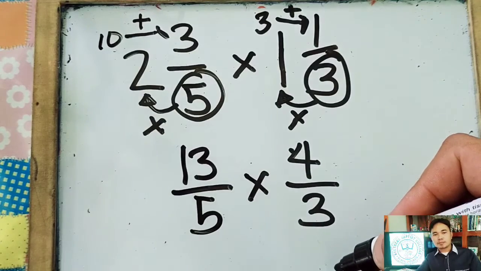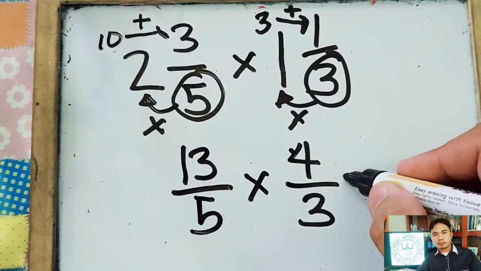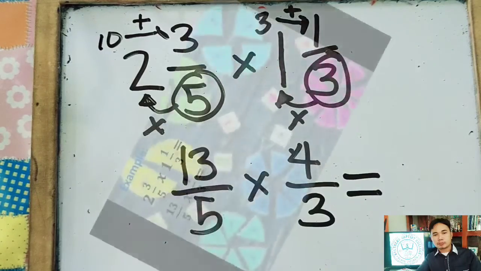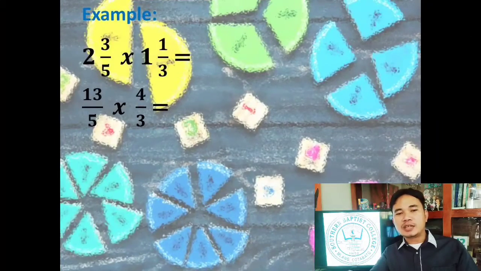So, new equation mo is 13/5 times 4/3. By turning 2 and 3/5 and 1 and 1/3 into improper fractions, your new equation now is 13/5 multiplied by 4/3.